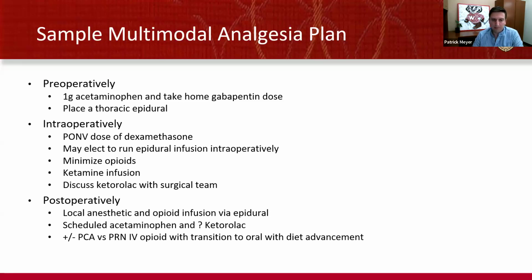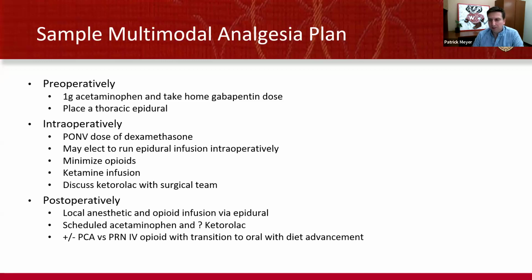And then post-operatively, I would run this patient with a local anesthetic combined with an opioid via the epidural. I would schedule Tylenol, and if we were okay with ketorolac, I would schedule that every 6 hours as well. And then I would see how the patient does in the recovery room. Some of these patients, even despite all these, might need a PCA with opioid, like someone suggested.